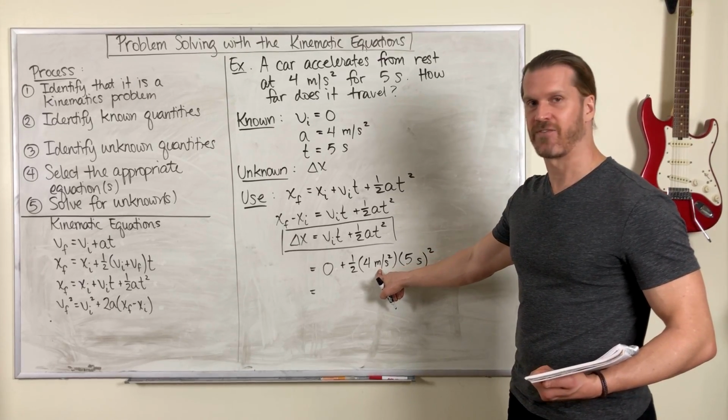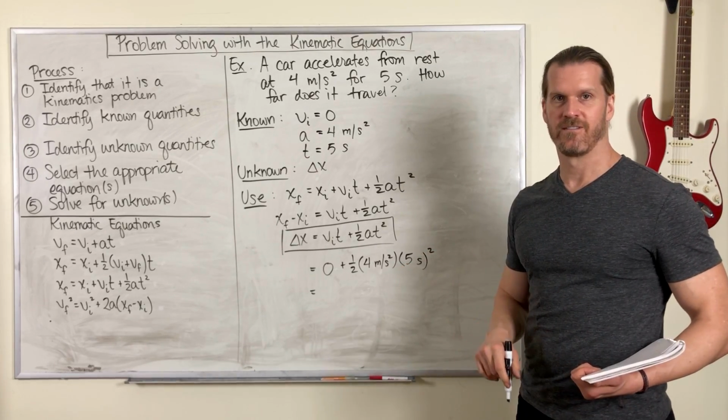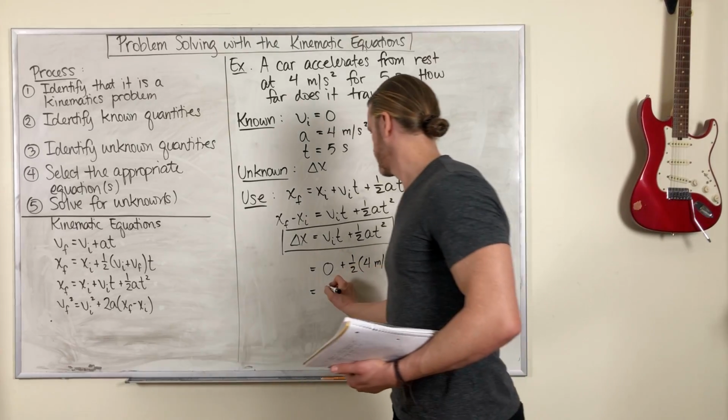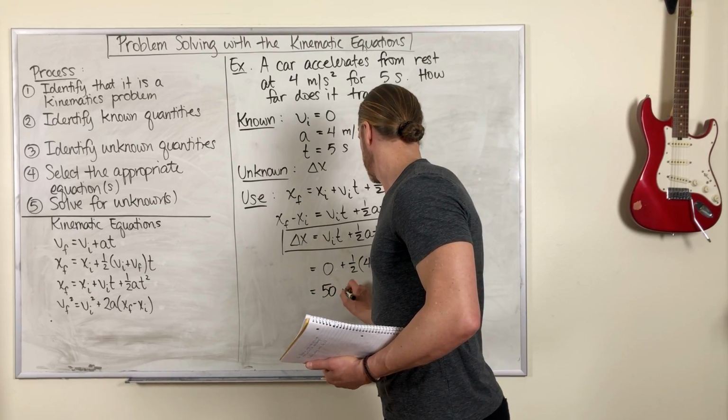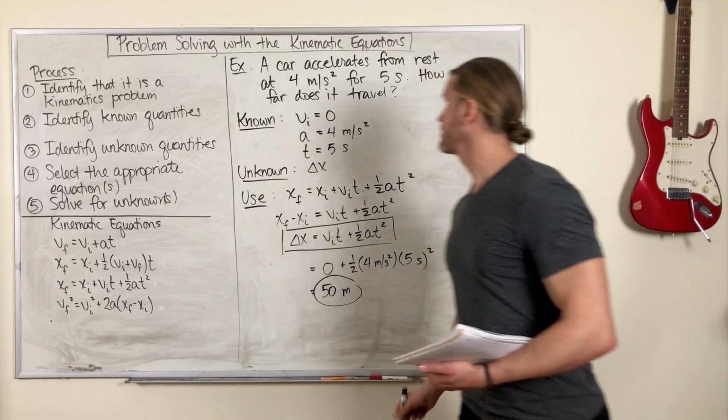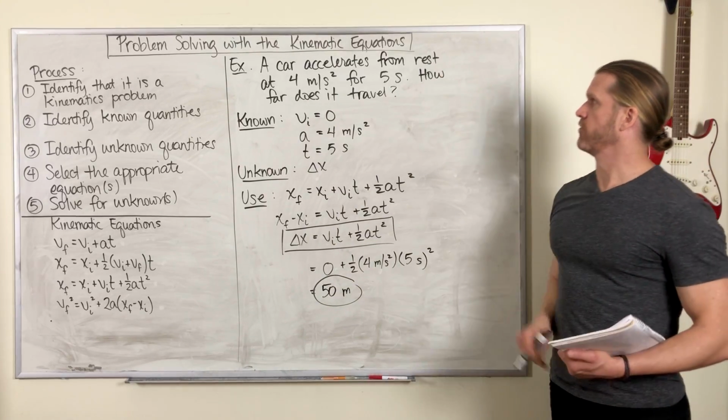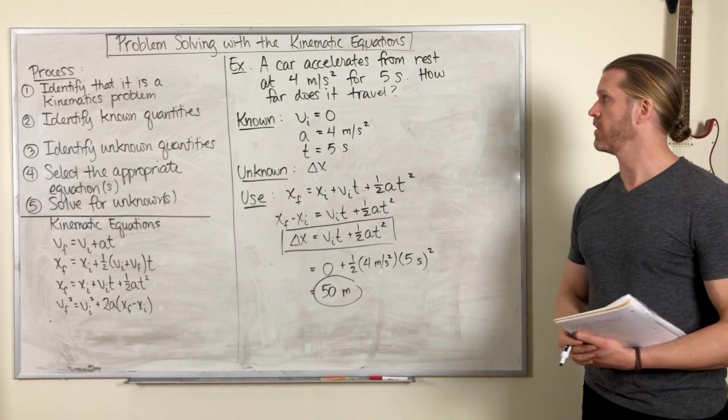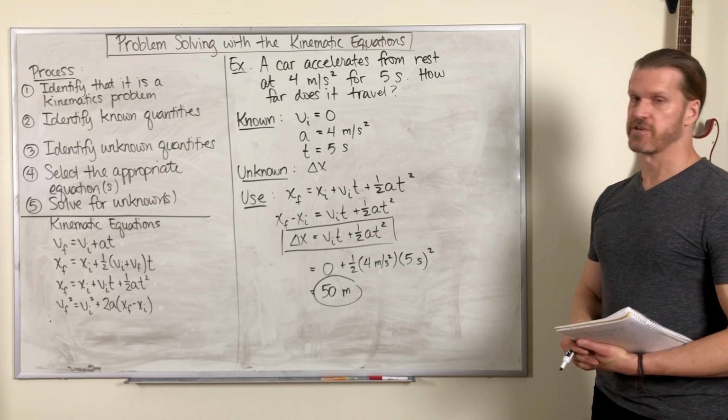Meters divided by second squared times second squared is meters. So this car travels 50 meters while undergoing this acceleration for 5 seconds.